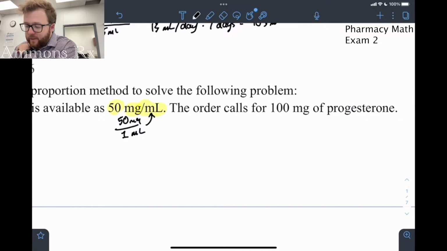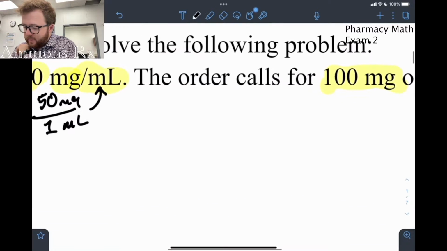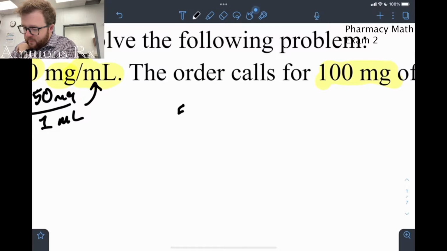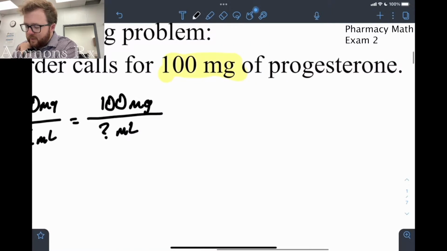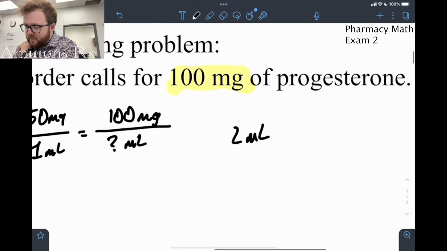We need 100 milligrams. You could probably tell yourself that's just 2, but I'm going to show you how to work it out in a proportion. There are 50 milligrams in 1 mil. How many mils do you need to get 100? It's just 100 divided by 50, which, as you know, is just 2 mLs.